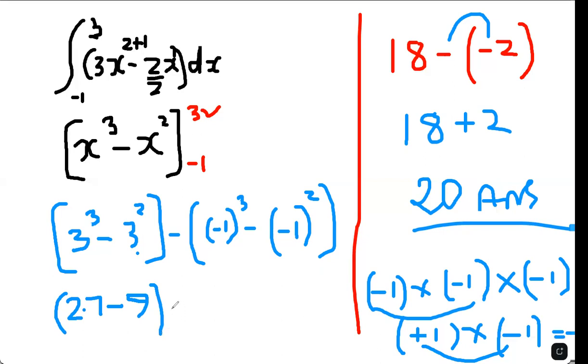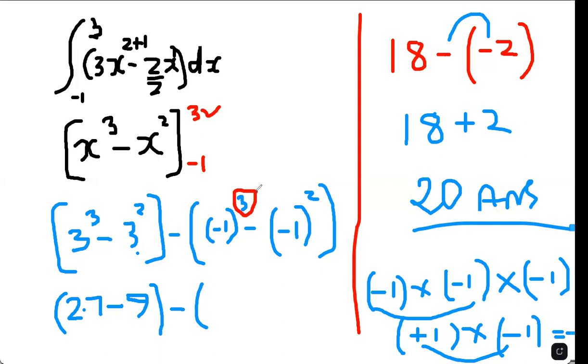Now, when we came to the lower limit, let me change the scenario to an easier way.